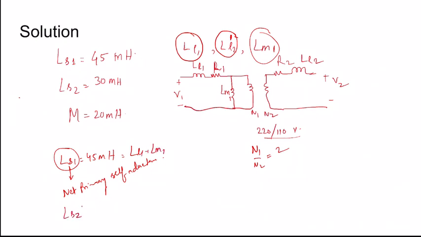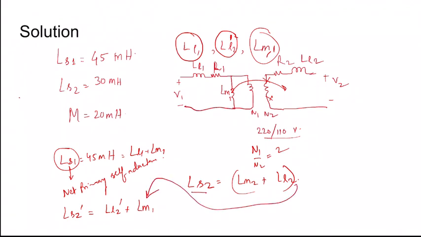and LS2 dash equal to LL2 dash plus LM1, because LS2, that is self inductance 2, is LM2 plus LL2 on the secondary side, and LL1 dash will be open circuited, so this is the only net self inductance on the secondary side, and if you transfer it to primary, then LM2 becomes LM1 and LL2 becomes LL2 dash. Now I guess you are getting the concept.